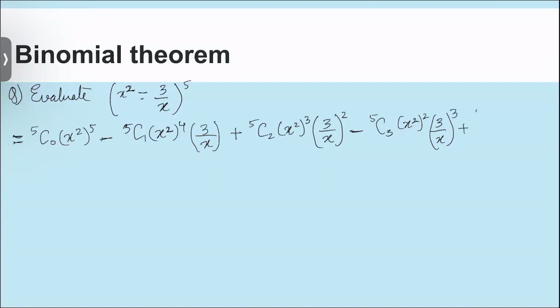Then the next one, again a positive sign here, 5C4, you have x squared raised to 1, so x squared alone, then 3 by x raised to 4. And the last term again would be minus over here. So with minus, we get 5C5, 3 by x raised to 5.